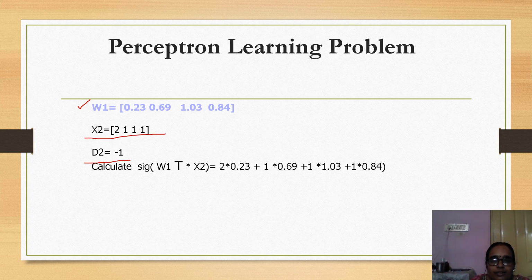That means this weight 1 multiplied with 2, this weight value 2 multiplied with 1, this third value multiplied with 1, this fourth value multiplied with 1. Because we have each weight value with the corresponding input value, we can directly multiply and directly add. So we will get one answer. For that answer we have to apply the sigmoidal function.